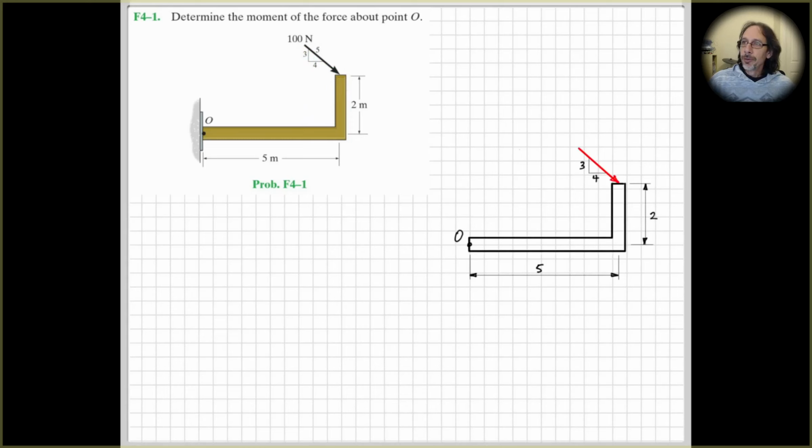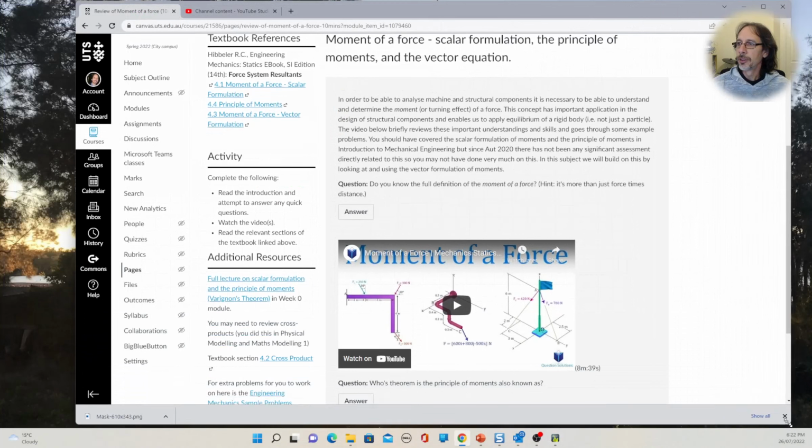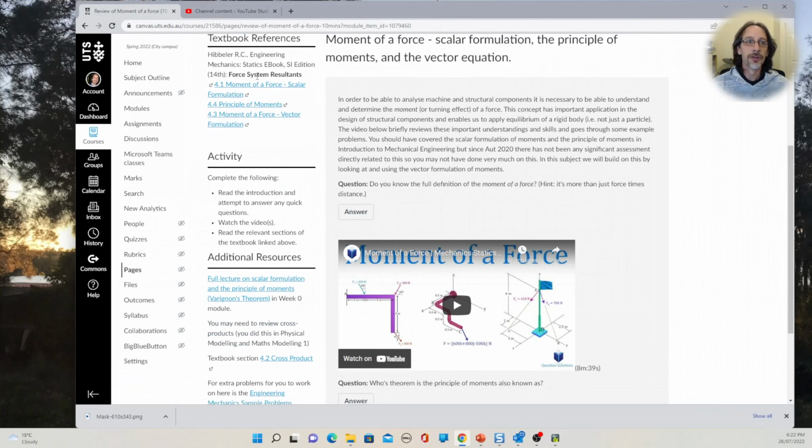Just redrawing the problem with our force applied there and using the principle of moments, also known as Varignon's theorem. Now, you should be referring to your textbook or your online resources. Your subject site might be on Canvas or Moodle or Blackboard or something like that. But anyway, this is what it looks like at UTS.